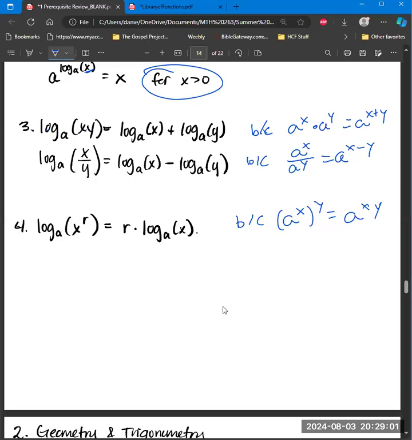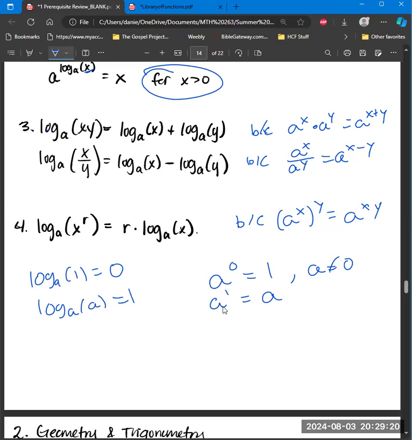Remember that we also have anything to the 0 power is 1 as long as a is not 0. Anything to the first power is itself, which means that log base anything of 1 is always 0, and log base a of a is always 1. Those are important things to know as well.